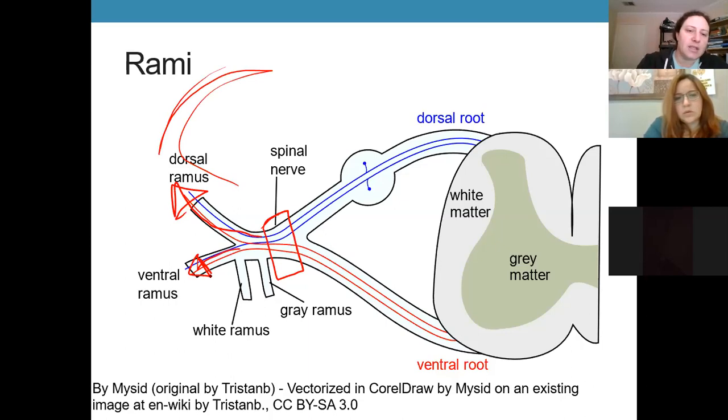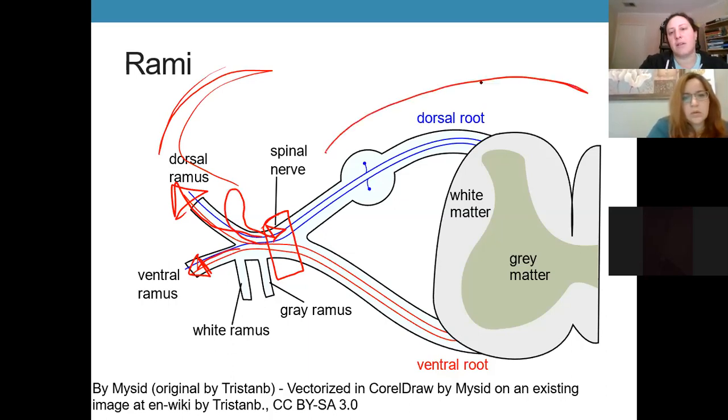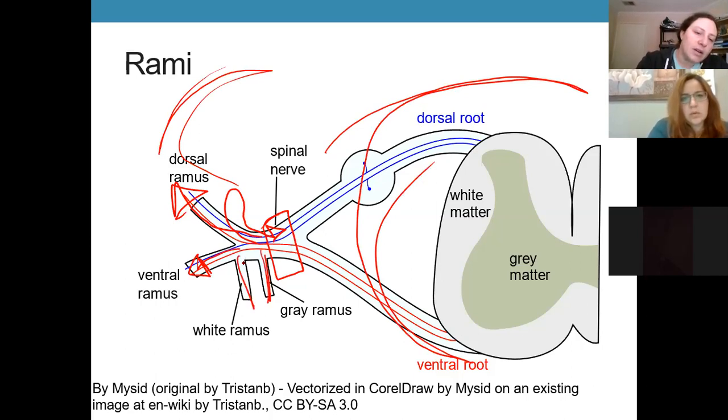This doesn't show the meningeal branch, but the meningeal branch turns right back around, goes back into the foramen, and innervates all the meninges surrounding the spinal cord. And then these guys are the rami communicantes of the autonomic stuff that we'll talk about later.